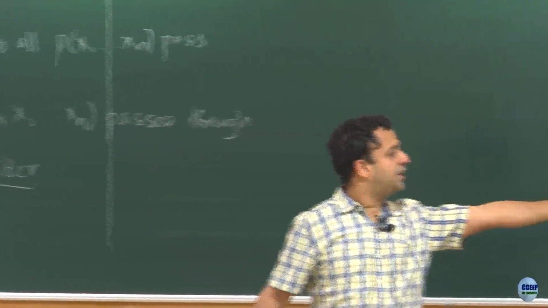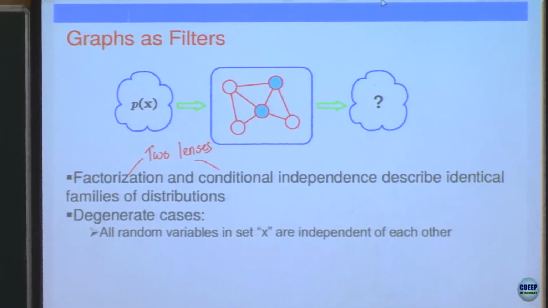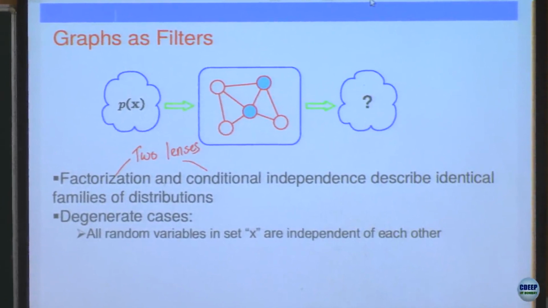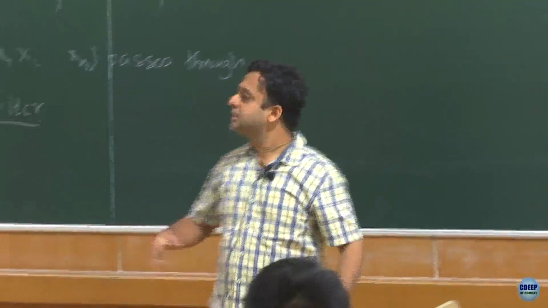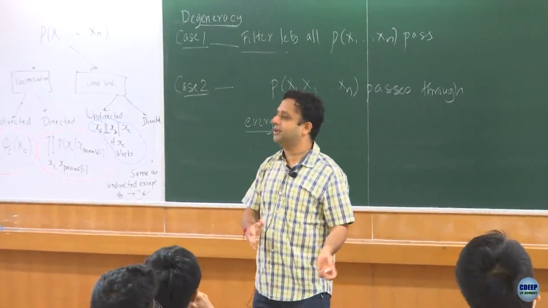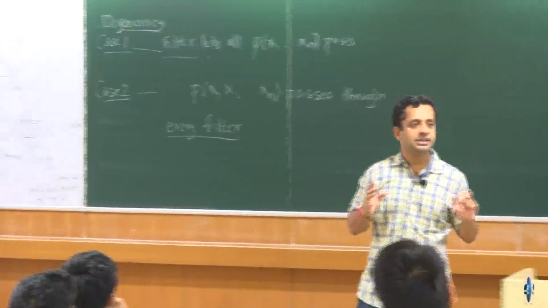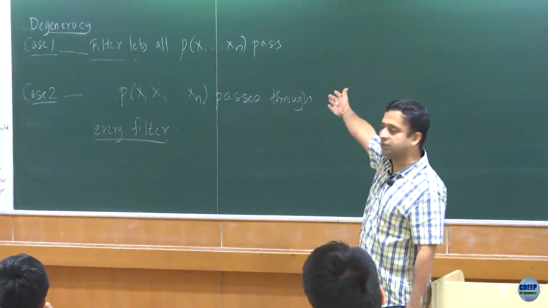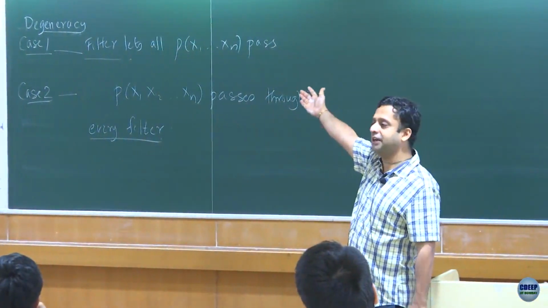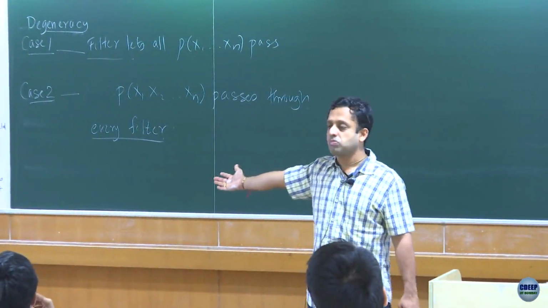So one degenerate case is when all random variables are independent of each other. Which of these two cases would it fit in, case 1 or case 2? I tell you a P such that P of x1, x2, ..., xn is P of x1 into P of x2 into P of x3 into P of xn. That is my P. Is that a case of a degenerate filter or a degenerate distribution?